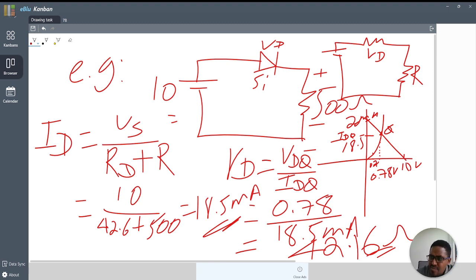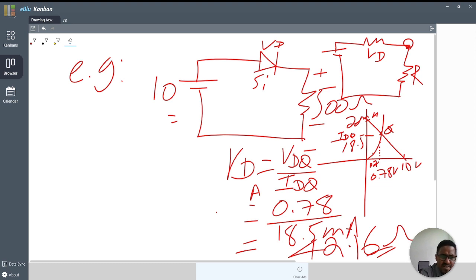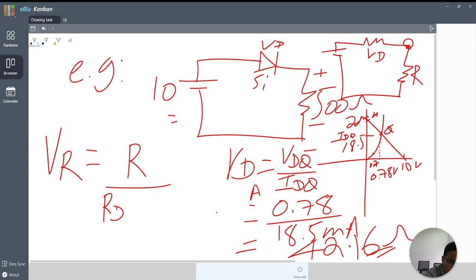We can do the same for the voltage across the resistor. That is a voltage divider. VR is equal to R over RD plus R times V source.